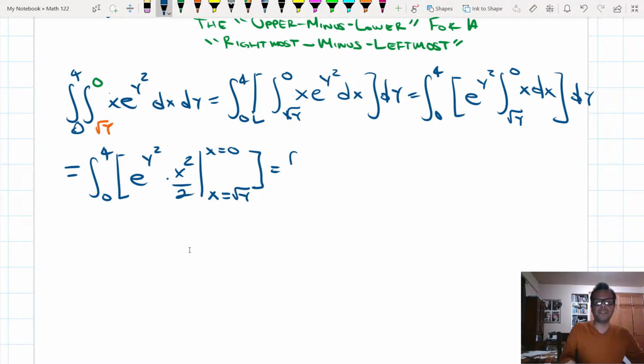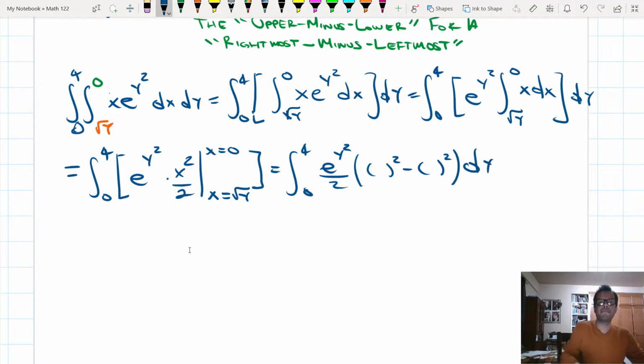So this will be the integral from 0 to 4 of e to the y squared, and I'm going to factor out the 2 as well, in the denominator. e to the y squared divided by 2, quantity squared minus quantity squared, times dy.